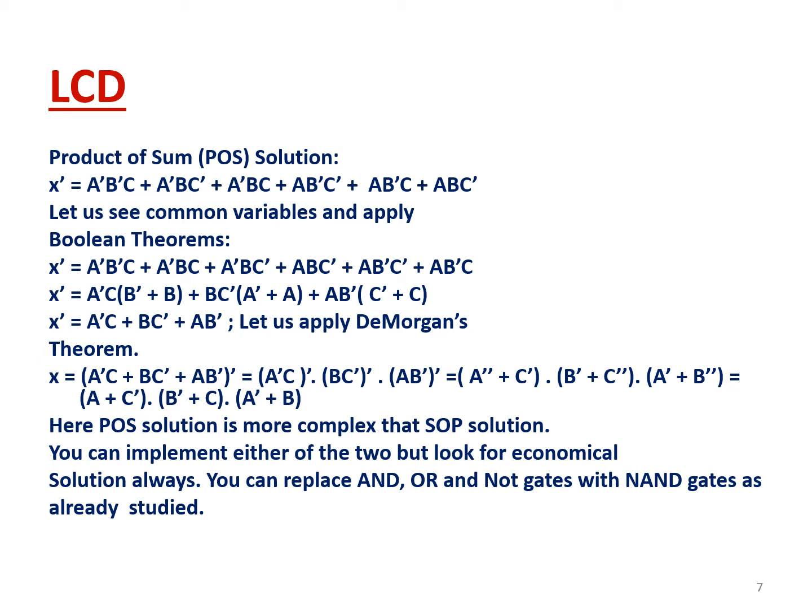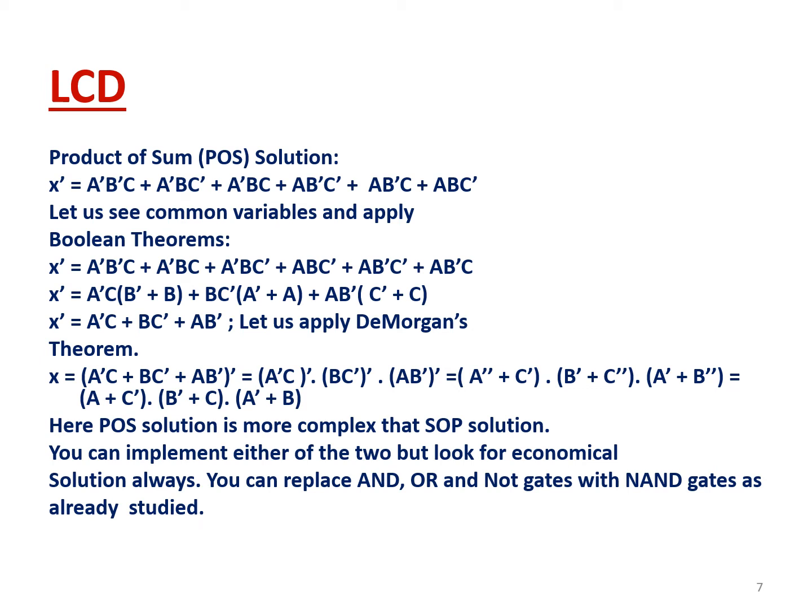That bar is there because we are applying the De Morgan theorem. And now let's open it up. It will be A complement C within bracket whole complement, dot B C complement within bracket whole complement, dot A B complement within bracket whole complement.